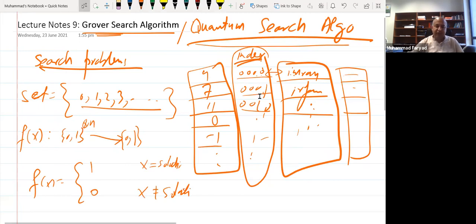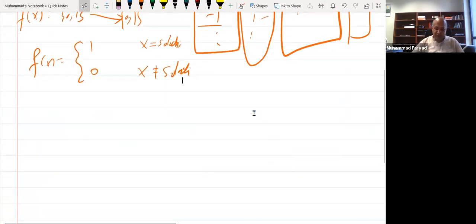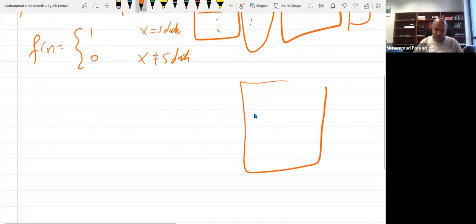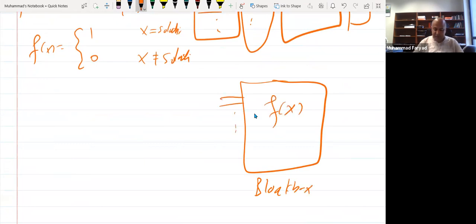So essentially, for the purpose of this problem, we have access to a black box. And the black box implements a function f of x. Quantum mechanically speaking, in its notation, it maps this n-bit input to a 1-bit output, which can be either 0 or 1.